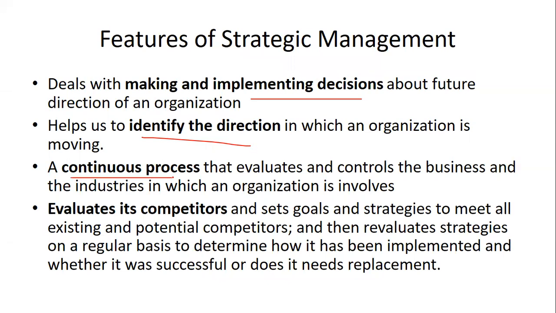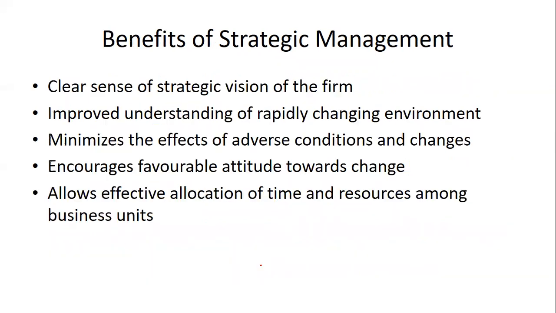Then it is a continuous process which helps to evaluate and control the business, and it evaluates its competitors. It sets the goals and strategies, and then it revalidates the strategies so that they are implemented in a successful way, or if not, they can be replaced. Both options are available, whether it is implementation or replacement for the achievement.